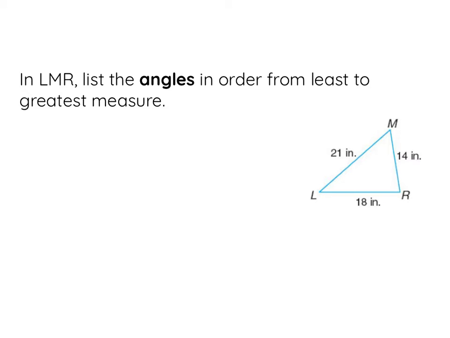It says list the angles in order from least to greatest. However, these are side lengths that were given, but because of that property we just talked about, we can use the side length information to find the angles. So we're going from least to greatest. I find the smallest side, which in this case would be this 14, and its opposite angle is angle L, so that's the smallest side, smallest angle.